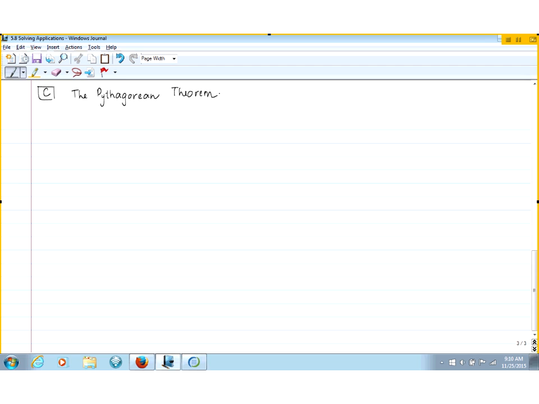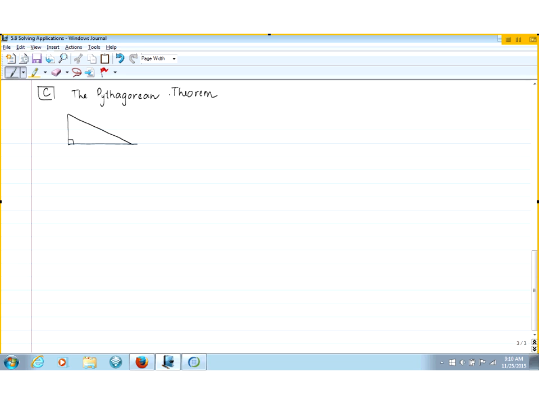Alright, so when can we use the Pythagorean theorem? When we have a right triangle. It can only be used for a right triangle. What if it's not a right triangle?